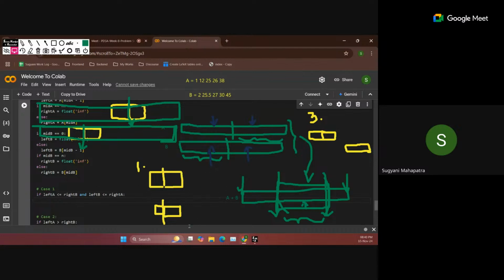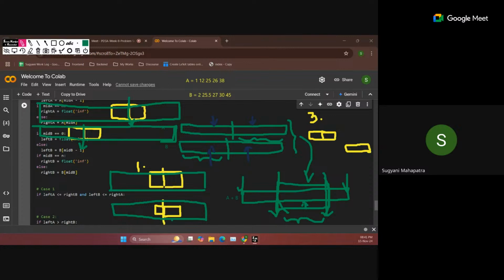In this scenario, where do you think the middle element should lie? See, this is the array in the merged case, in the merged set. So these are the two arrays. This is A, this is B, and now these are my middle elements.